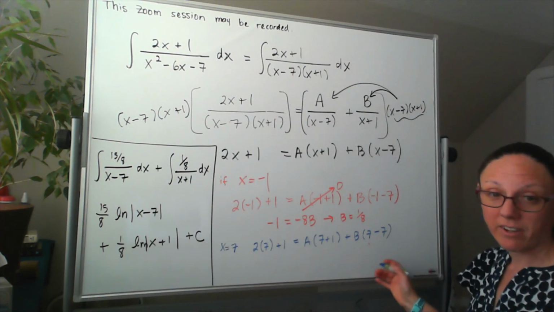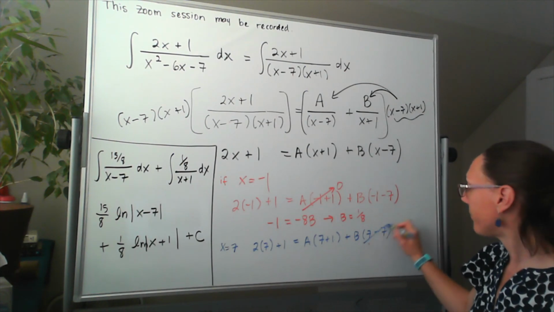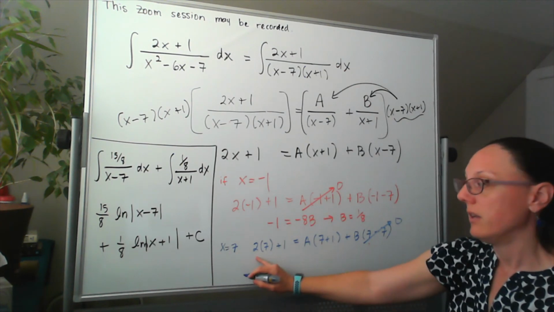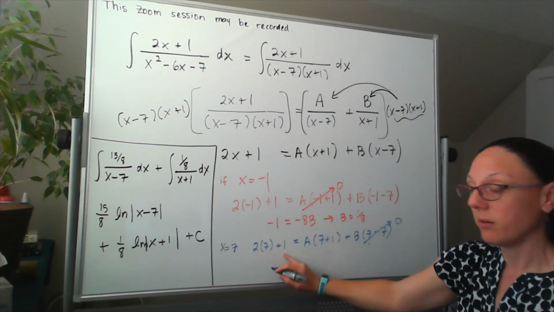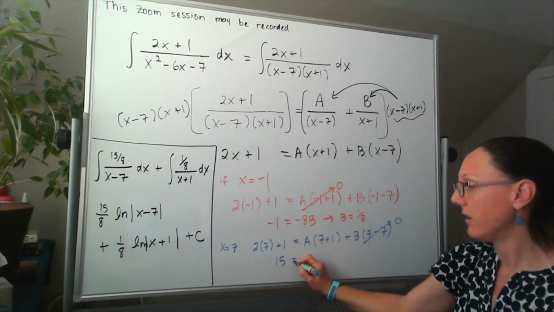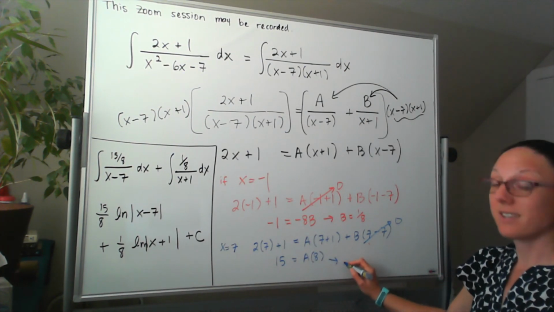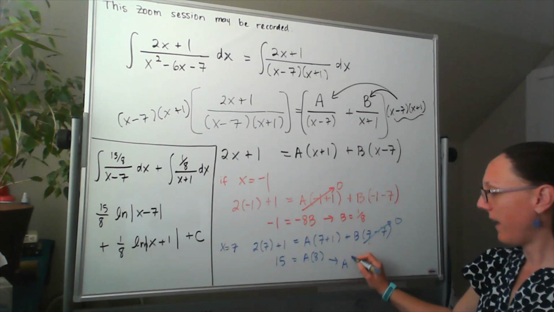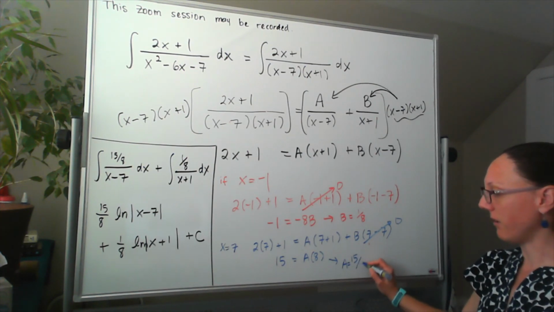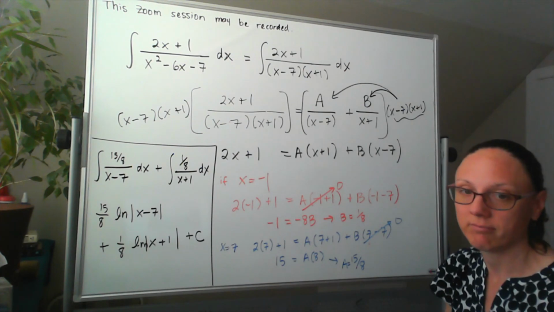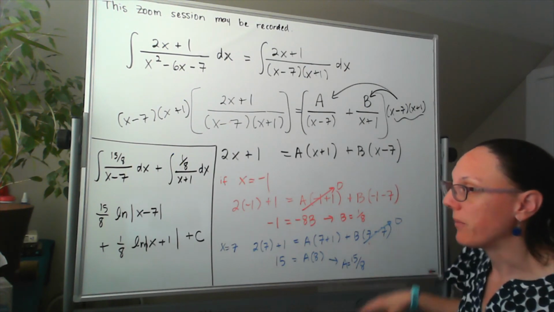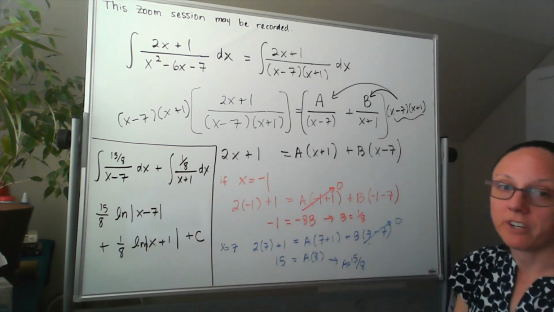Again, we chose 7 to make part of this go to 0. 2 times 7, I'm at 14 plus 1, that's 15, is equal to a times 8, which gives us the same value we had before, that a is equal to 15/8. And then from there, we would finish it off the same way that we finished off the first one.